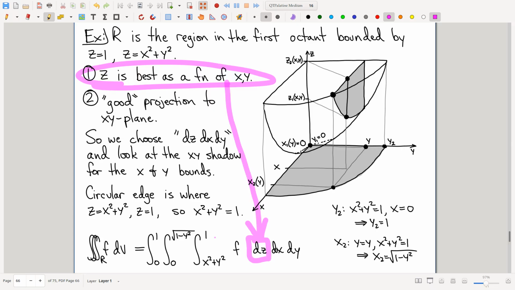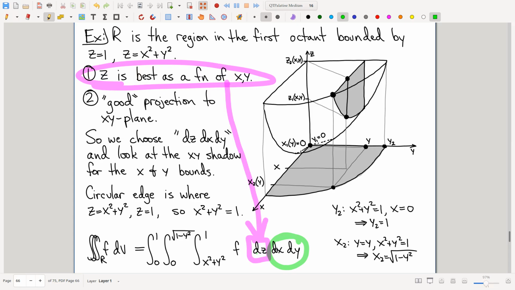Anybody see that motivation? Okay. Now, should the outside be dx dy or dy dx? Hard to tell. Turns out in this case it won't really matter much, so let's not worry about that for this example. I've made an arbitrary choice here, dx dy.